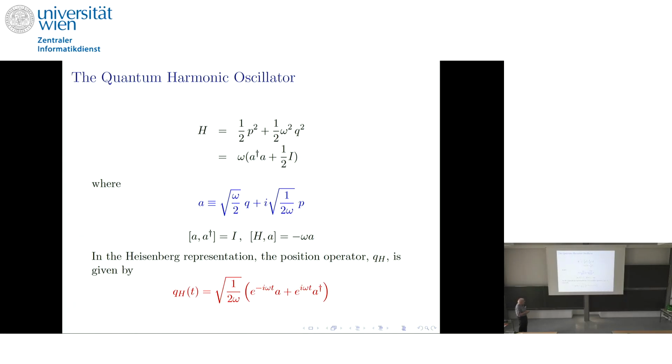And now, if you go through the dynamics of this and work in the Heisenberg representation, go back and find the behavior of this configuration observable, it's given in terms of the fixed Schrodinger annihilation and creation operators by this formula, where you've got positive frequencies associated with A and negative frequencies associated with the so-called raising operator.